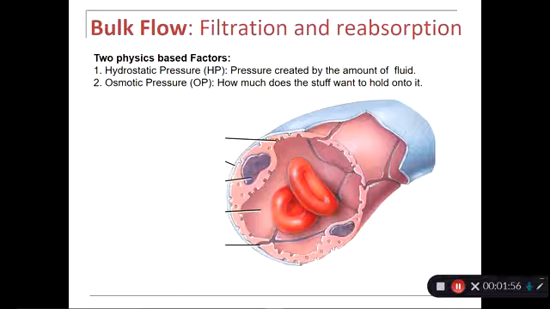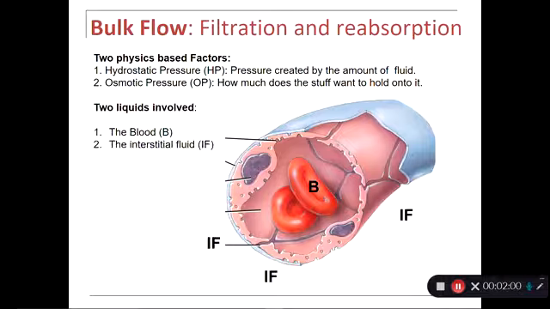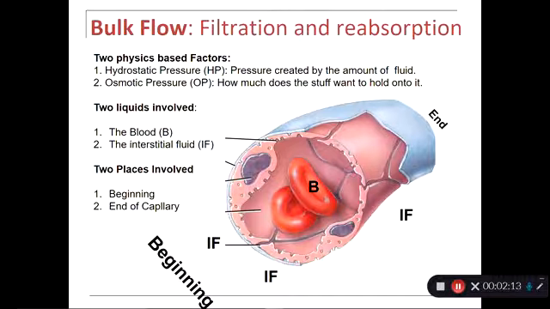Well, osmotic pressure is how much of a draw does liquid have? You got two liquids involved. You got the blood, which I have labeled with a B, and then the interstitial fluid, which I have labeled with IF. And there are two places involved, the beginning and the end of the capillary.